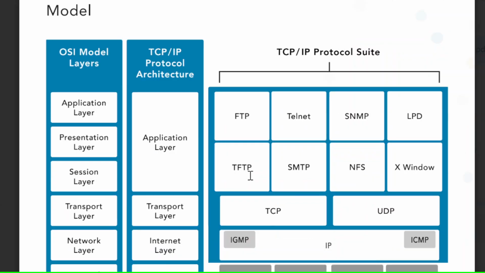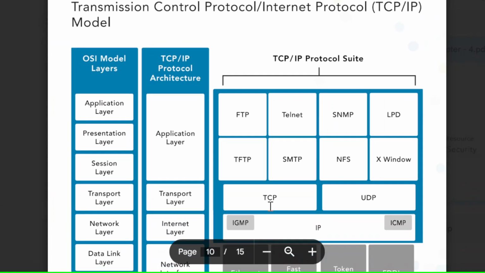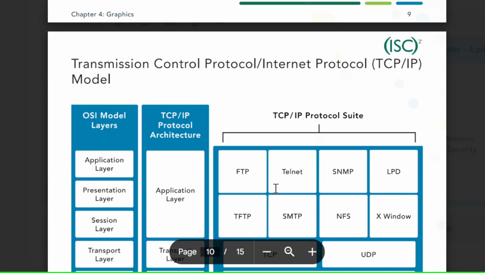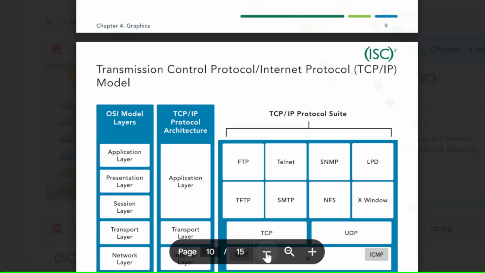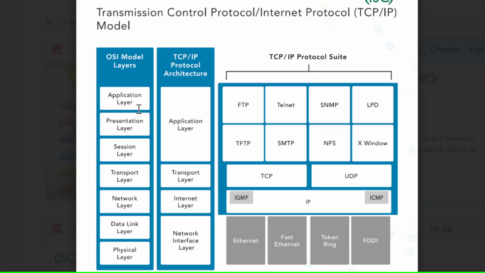And next we have the TCP/IP model. Here we have the OSI model: application layer, presentation layer, session layer, transport layer, network layer, data link layer, and the physical layer.